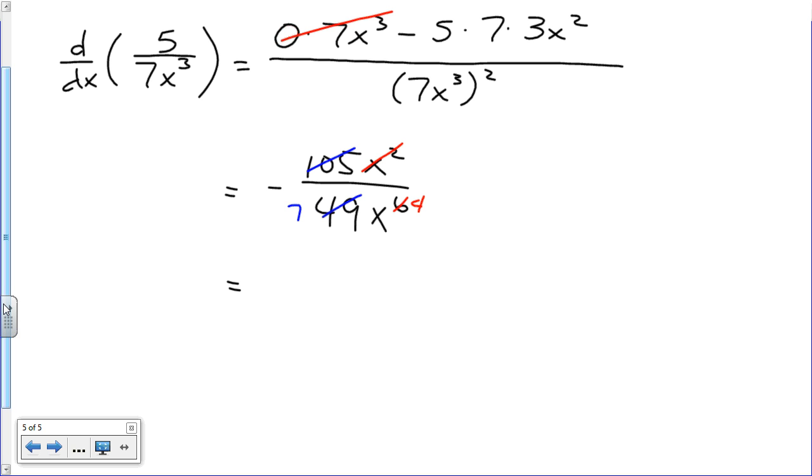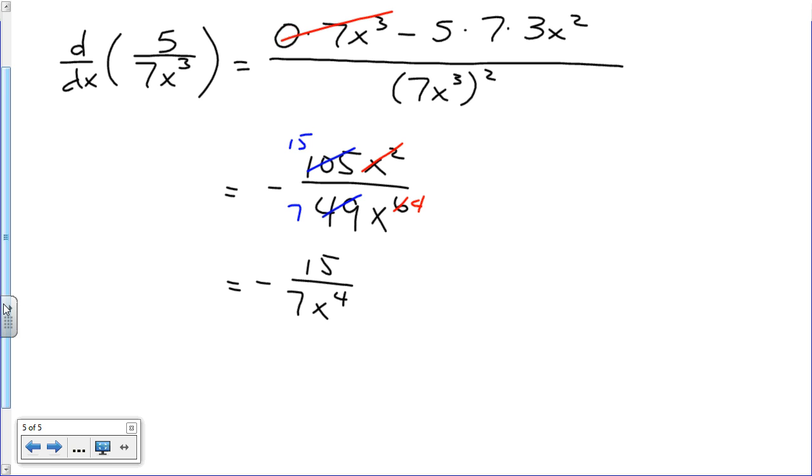If I factor out 7 from the 105, I'd be left with 15 times 7 gives me 105. So I could rewrite this as a negative 15 over 7 times, I was going to put the x to the 4th in the denominator. So I've got 15 over 7x to the 4th. That's how you could rewrite that.